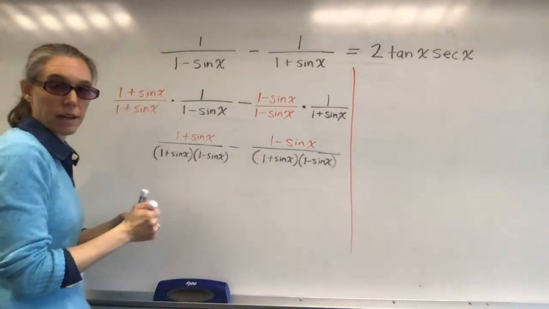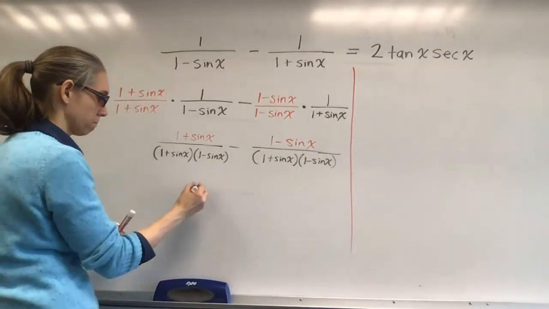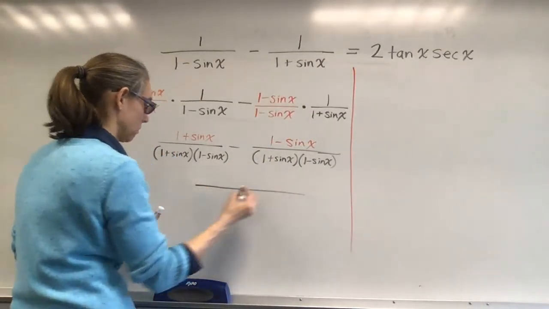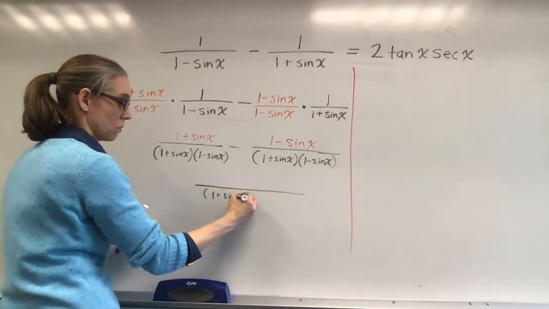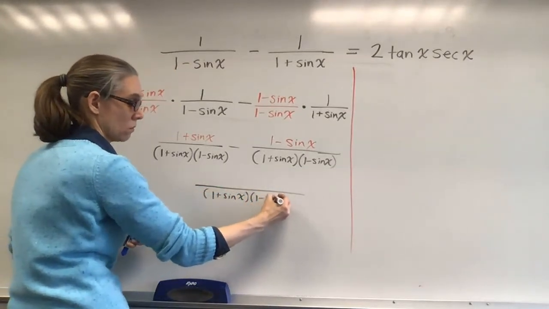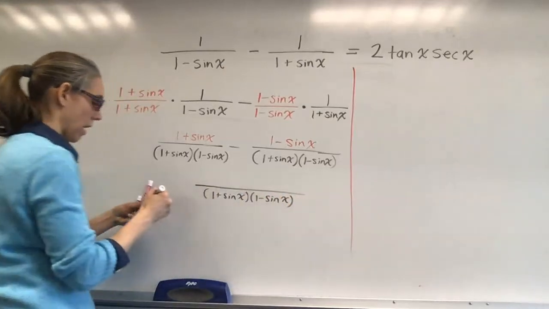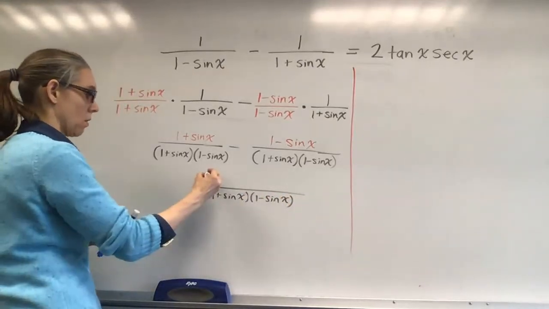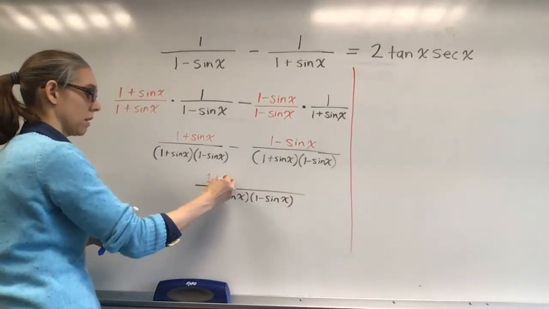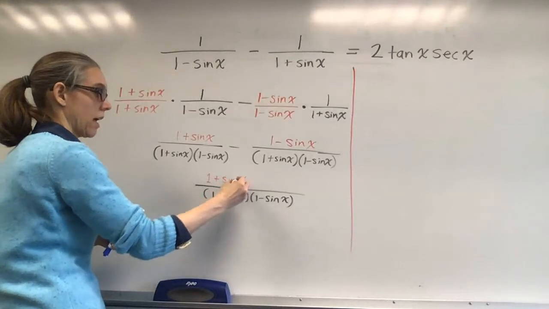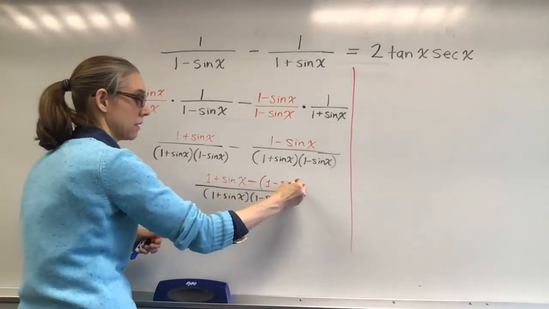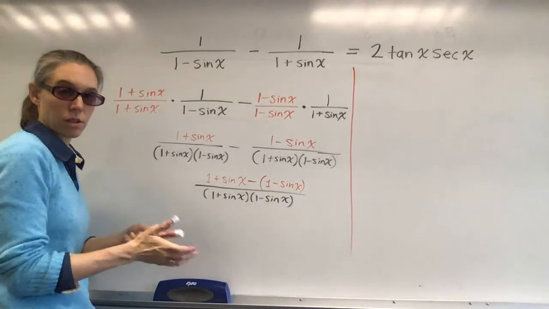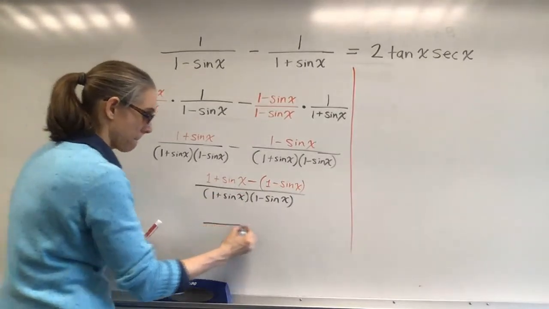So now I'm going to combine into one fraction. So I have 1 plus sine x minus 1 minus sine x, and now I'm going to use the distributive property.